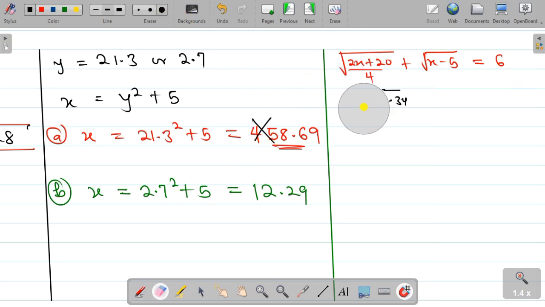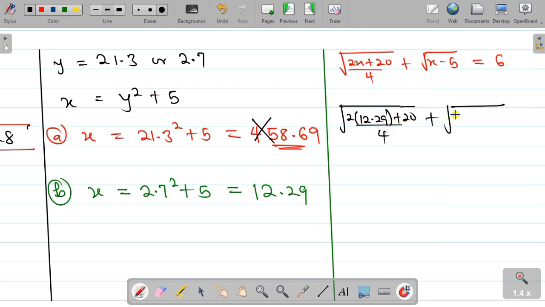So let's look at the second solution, which is 12.29. If you put in 12.29, the square root of 2 times 12.29 plus 20 over 4, then plus the square root of 12.29 minus 5.